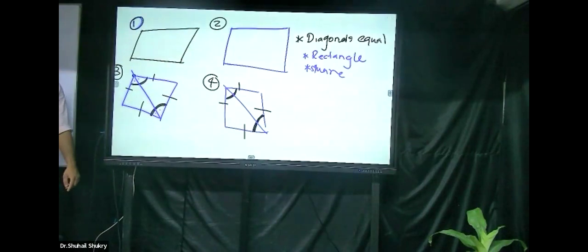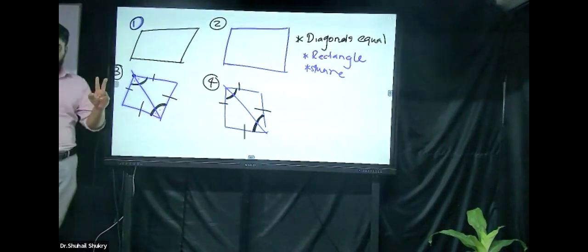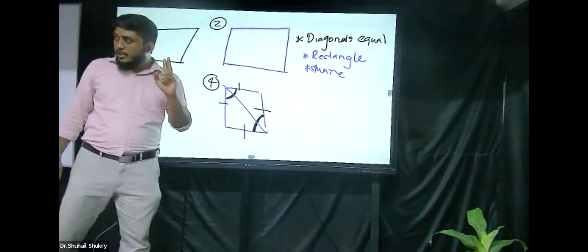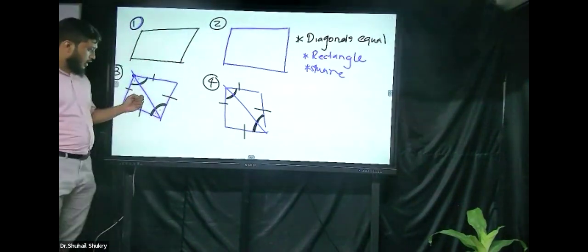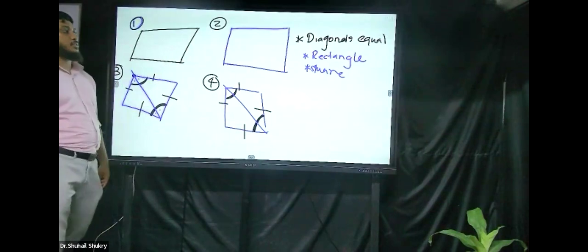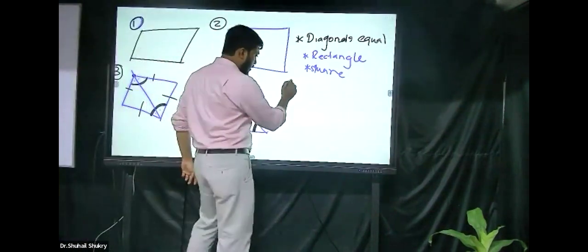So who divides the angles equally? Only two shapes. Carefully understand, very important for the question. The two shapes that divide equally are the square and the rhombus. That is a very important point.